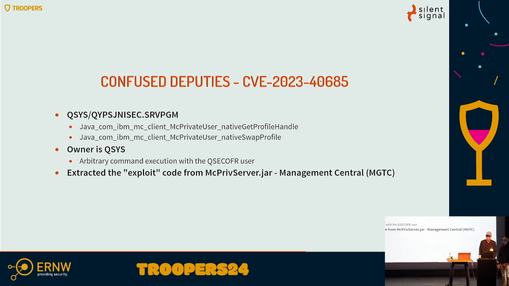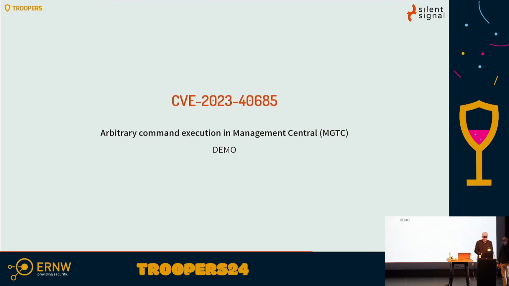We can use these procedures for profile swapping, and because of the adopted authority of the QSYS user, we can run operating system commands with all object authority without a password. Almost the entire exploit code is in the jar. You only need to extend it with the command execution function, so Hausaufgabe or homework to do this.